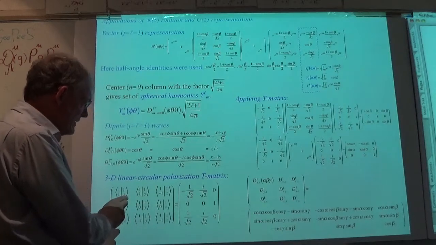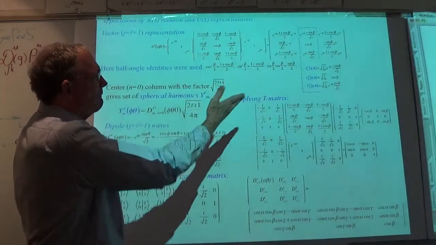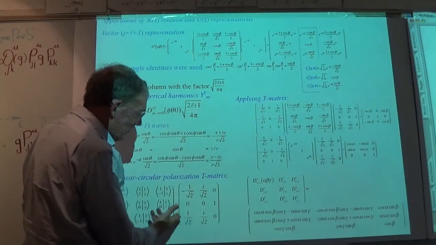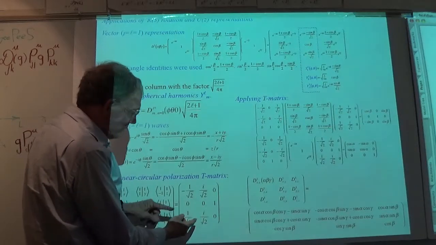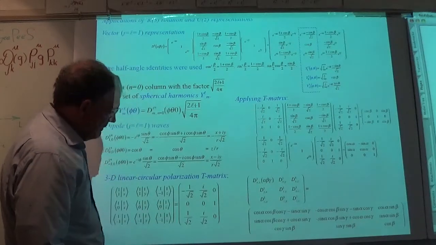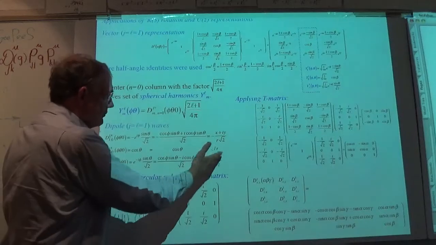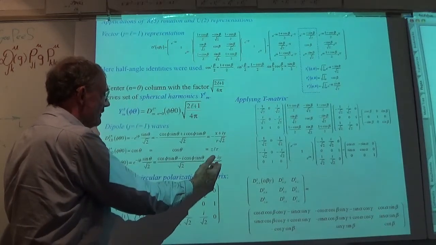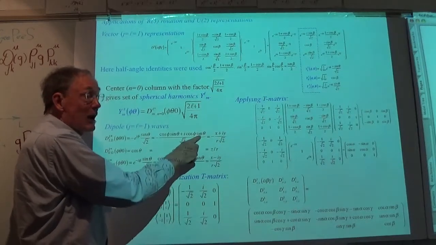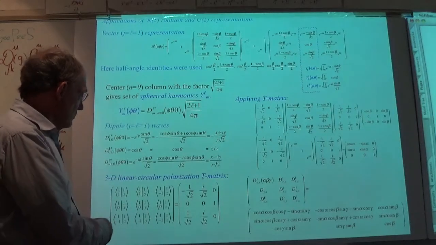I'd have to be careful, because there's an extra phase that this throws in here, either this one or both of them. I think it's both of them. I do it this way and I do it this way. That lets you turn this relationship here. It's easy to get this because we know the polar coordinates x and y. Once you have that, then you can make this matrix fairly quickly.